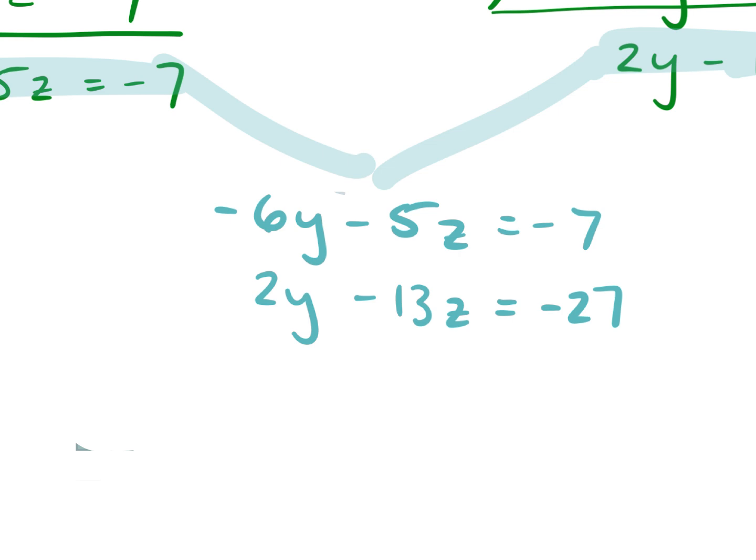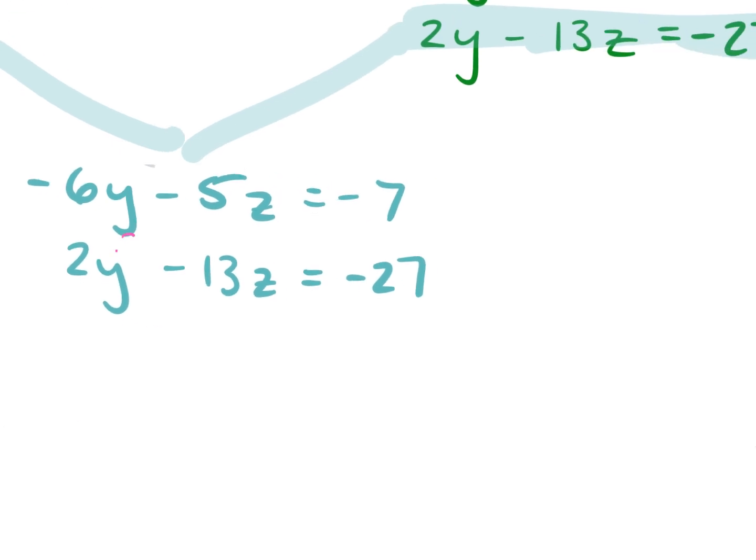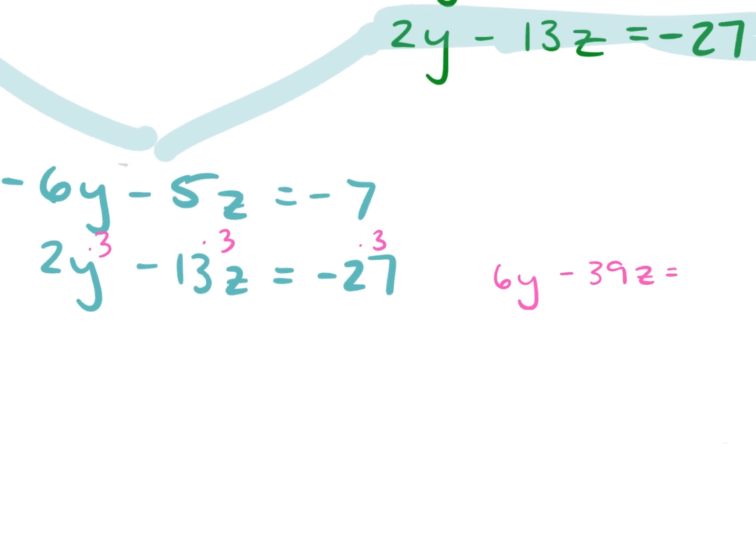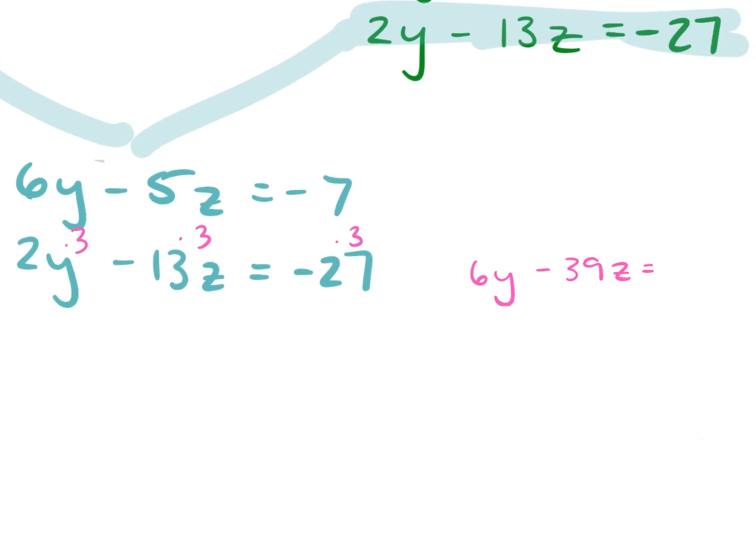3. So I'm going to multiply everything in my second equation by 3. I'll rewrite it next to it over here. So times 3, and times 3. So we get 6y minus 39z is equal to, what's 27 times 3? Negative 81.